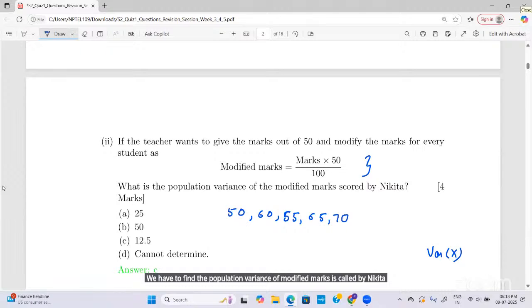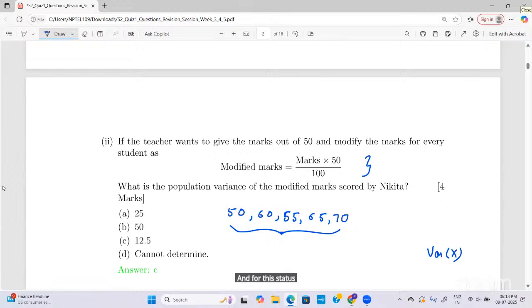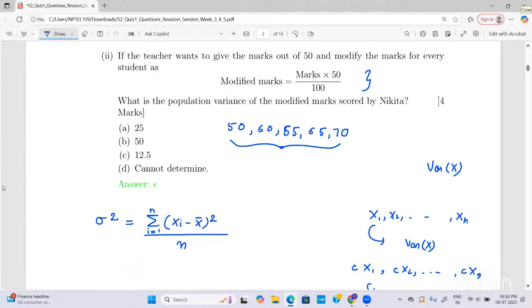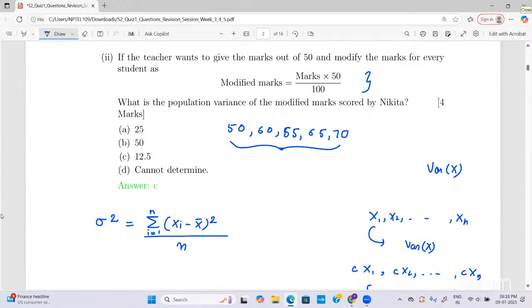So these marks are for Nikita, and we have to calculate the mean for this. For this data set, the mean was 60.